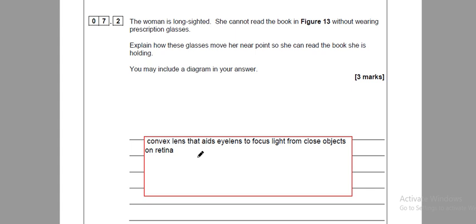As we learned, long-sighted people have a short eyeball, so rays are not focused on the retina but after the retina. So we use a convex lens that aids the eye lens to focus light on the retina.